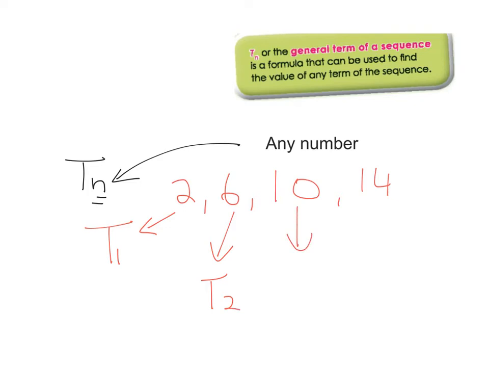It's possible I've already been told term 3, and in this case I already know term 4. But if I can find term n, it means I can find whatever term I want. So that's what we're looking for. We're looking for t to the n, which is the general term of a sequence, and it can be used to find the value of any term.